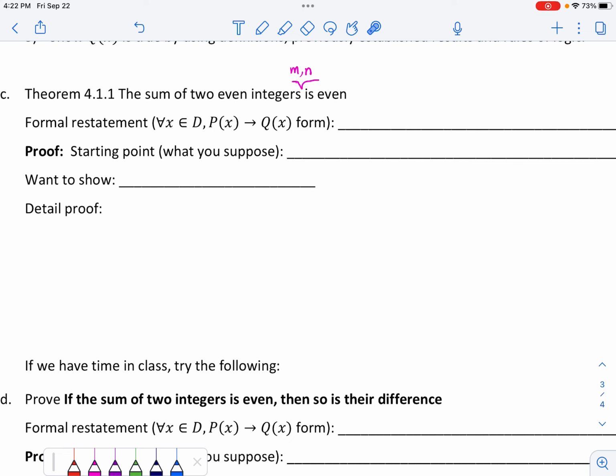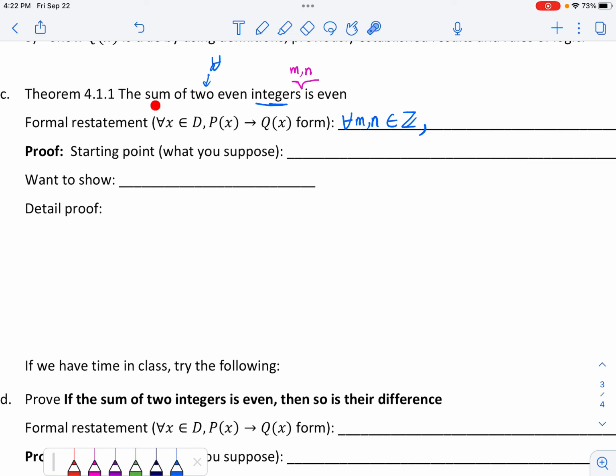So this two will be arbitrary. This two will be like "for all." That's how I feel "for all" is needed. And it says integers. So here I'm going to say for all m and n, I need two integers, they are both from the integers.